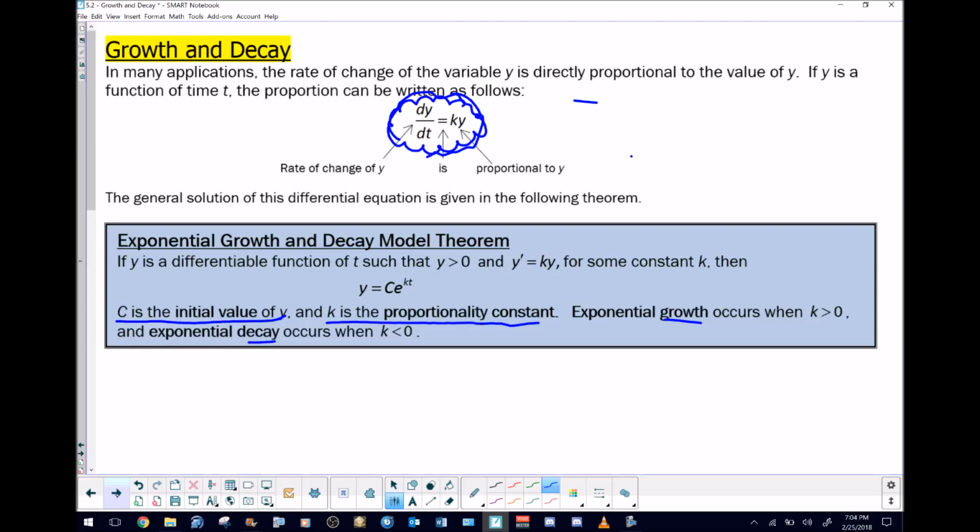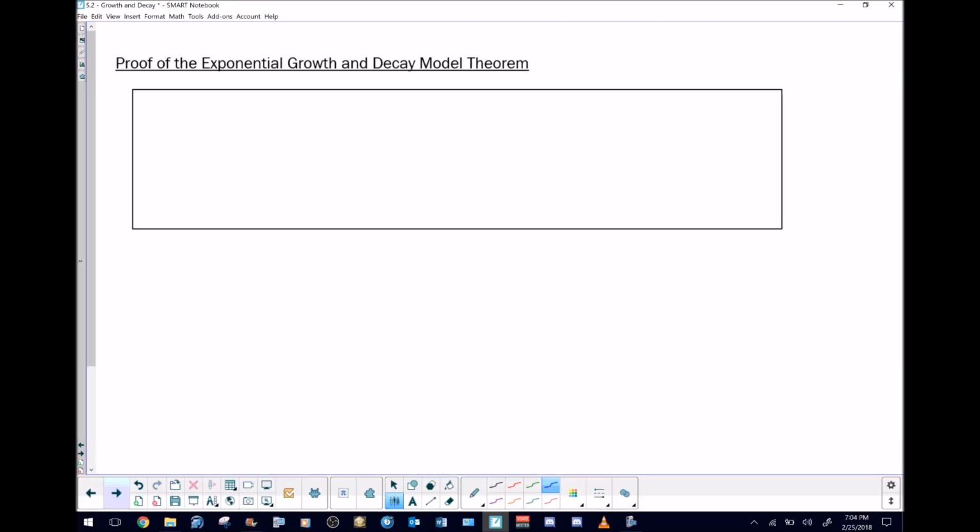Now, before I begin with a full-blown example, I want to revisit that differential equation, dy/dt equaling k times y, because ultimately this is going to beget the equation Ce^(kt).